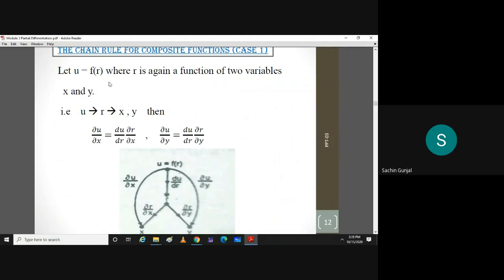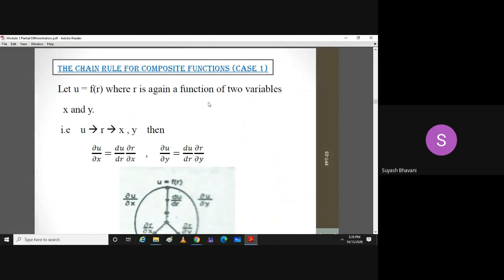Now differentiate it with respect to x. So du by dr and differentiation of r with respect to x. r is xy, right? So what is the derivative of xy with respect to x? y. So that's why there was y. And then du by dr you can write as u dash, the ordinary derivative. Understood, sir. Thank you, sir.